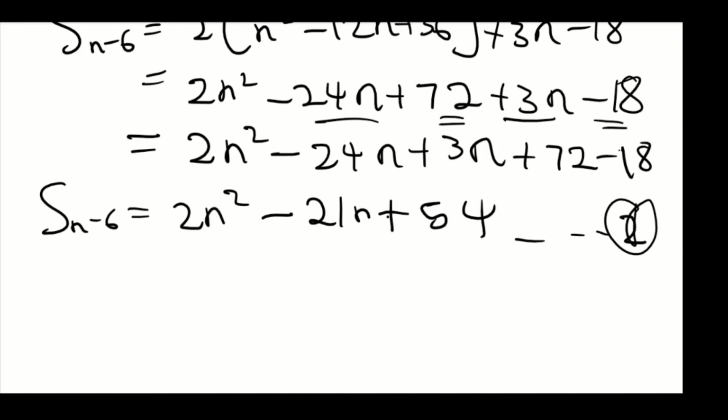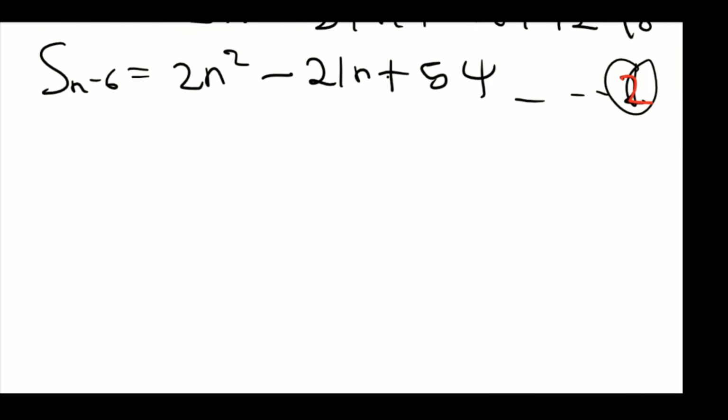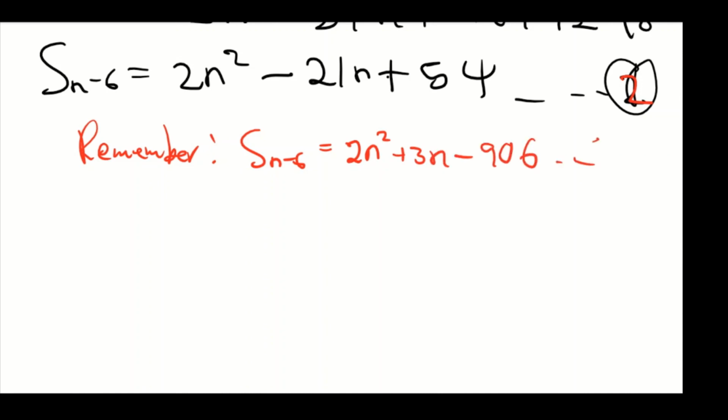So let's equate this to equation 2, because we already have equation 1. We need to equate equation 1 with equation 2. Remember that equation 1 was Sn minus 6 equals 2n squared plus 3n minus 906. So equation 1 is equal to equation 2, because we want to find the value of n, hence we are equating them.